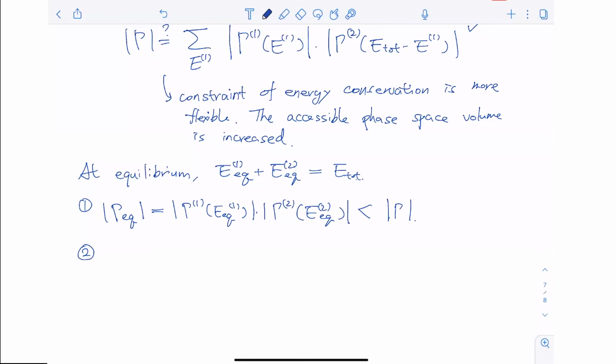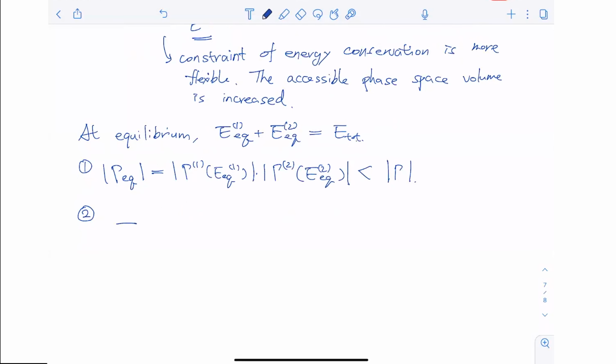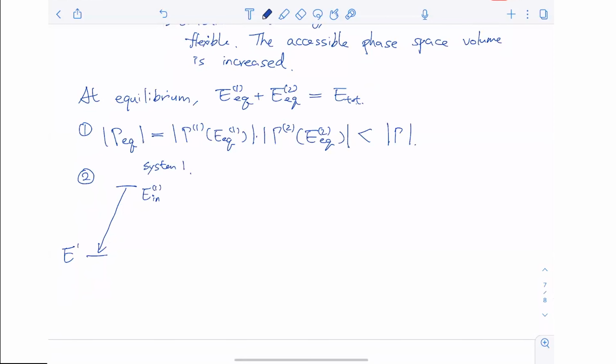Another question is related to the fact that we want to sum over all the possible energies. That also suggests that if we keep track of system 1, starting from some initial energy, it might decay into another energy.